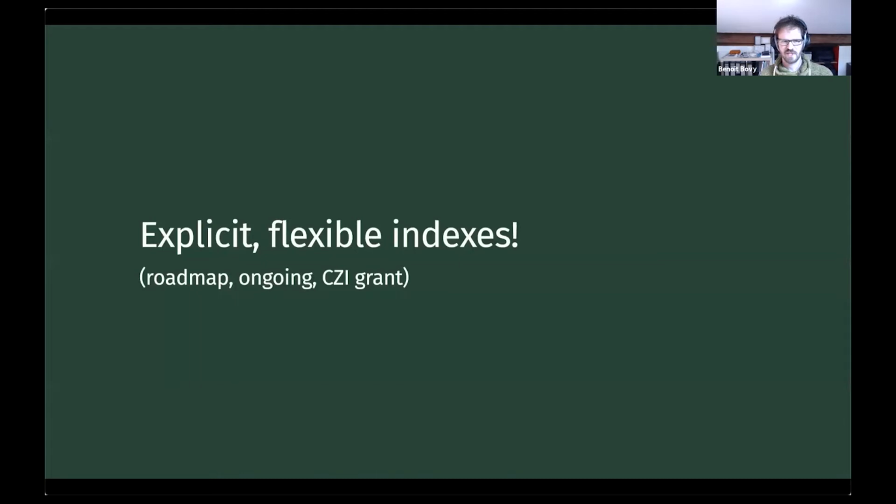And maybe one answer could be bringing explicit and flexible indexes in Xarray. This is something that has been part of the Xarray roadmap for a while. It's now ongoing work, and it's also funded by the first Xarray CZI grant. So what is it about? There are two words here, explicit and flexible.